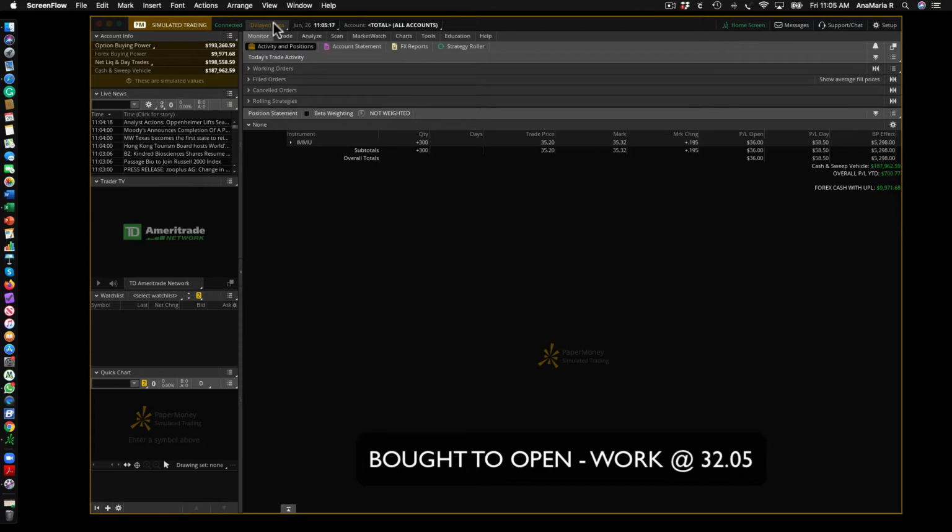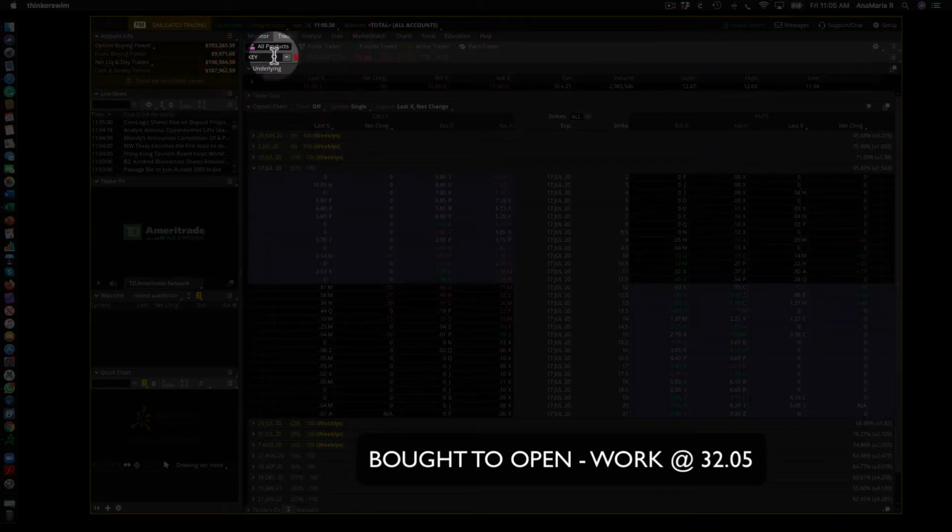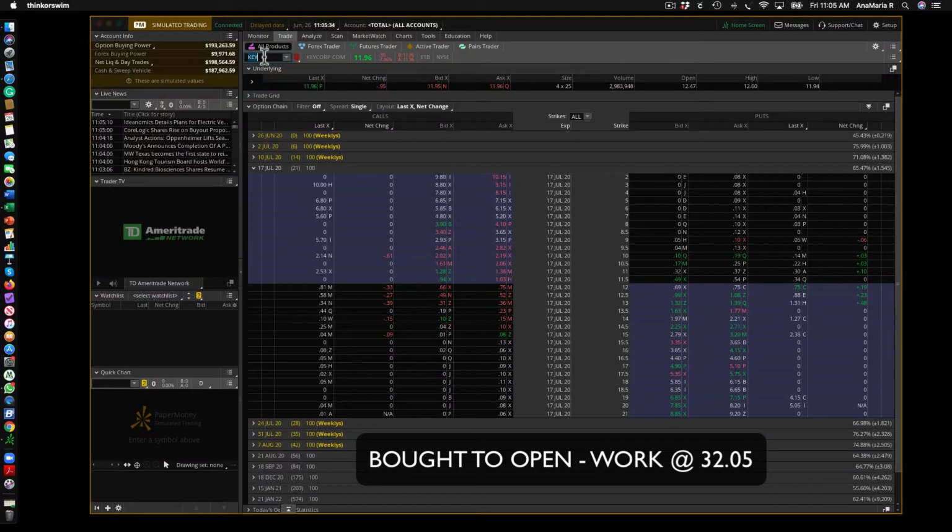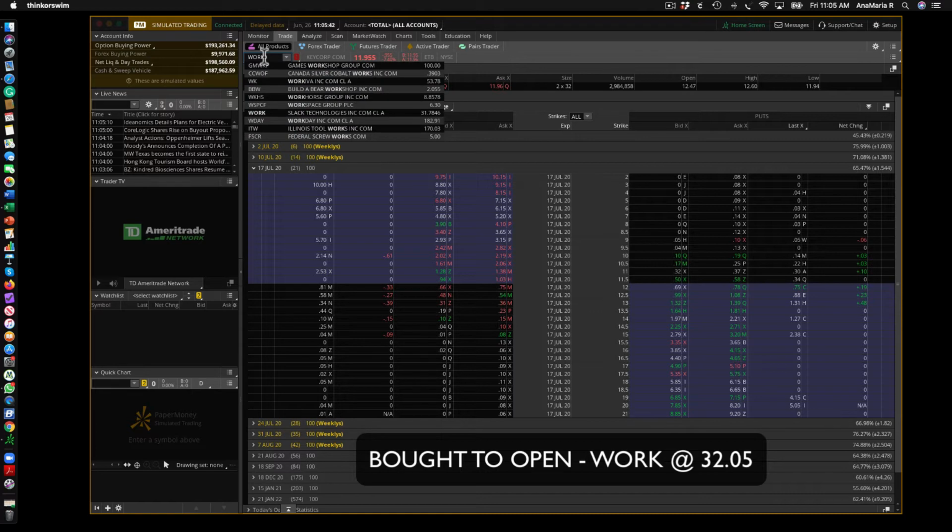So we know this is a stock because it does not have any date in the boost. So we go to trade, and in this box we click, erase what is there, and write the ticker name, WORK.